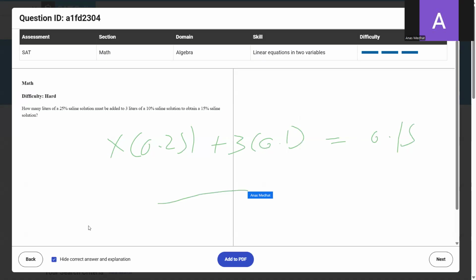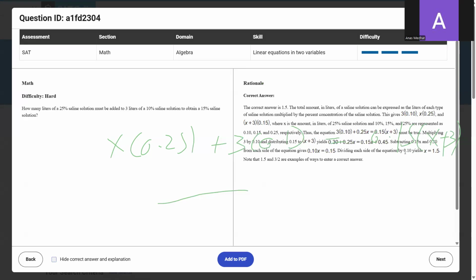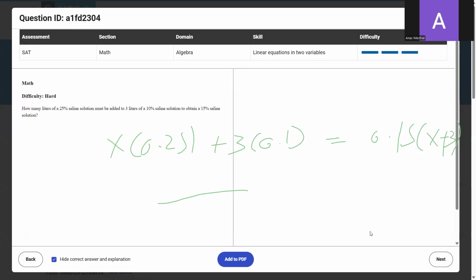It will be 0.15 times the number of liters, which is x plus 3. Now all you have to do is get x, and that's it. x will be 1.5.